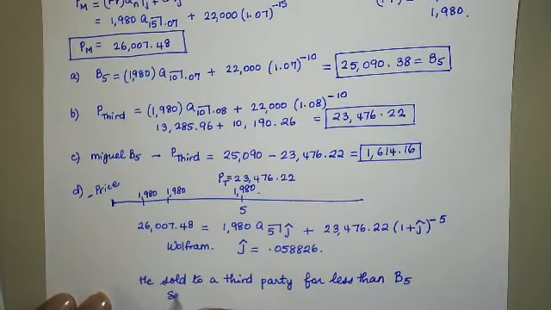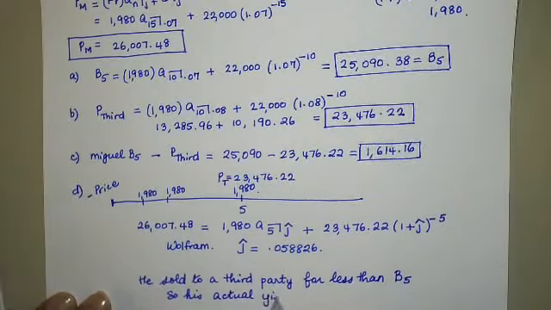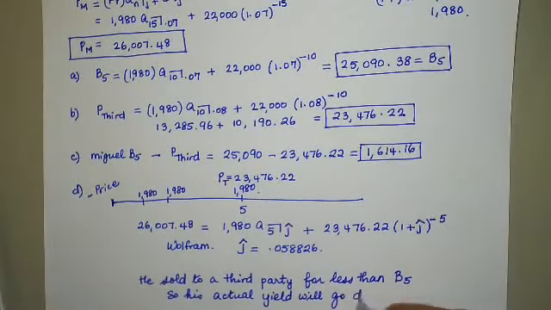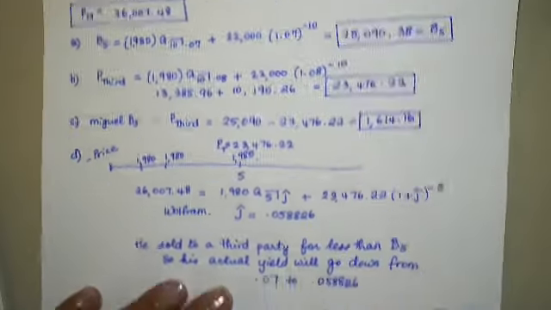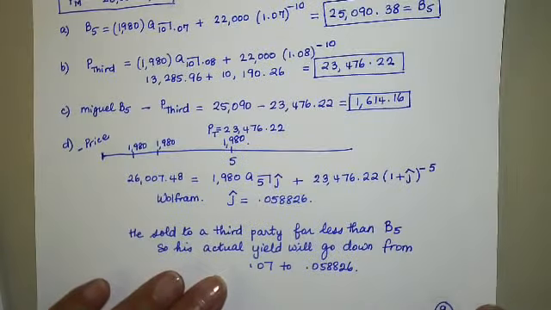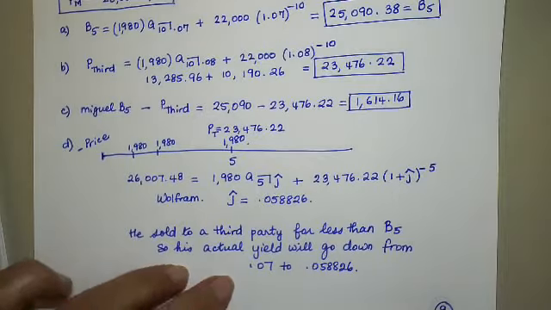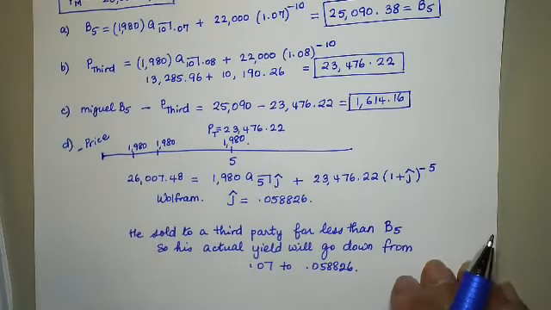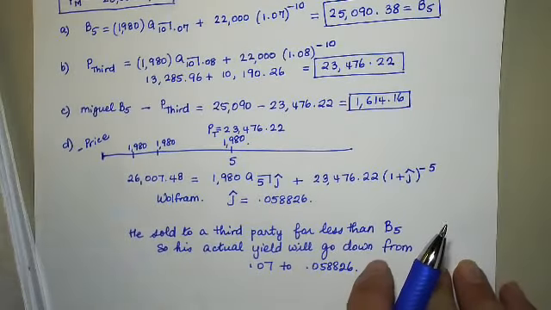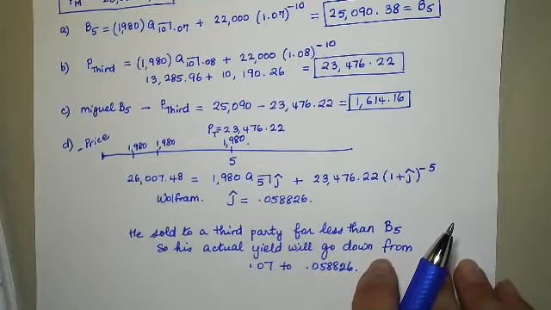So he sold to a third party for less than B5. So his actual yield will go down from 0.07 to 0.058826.